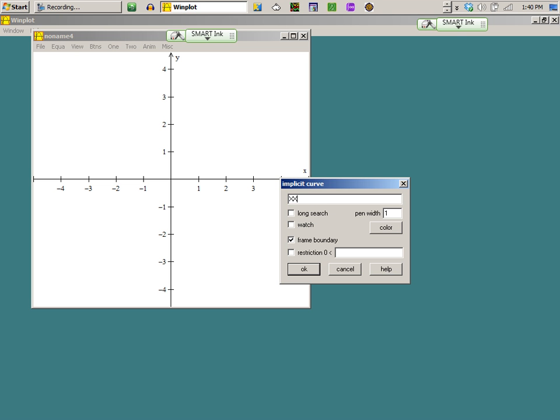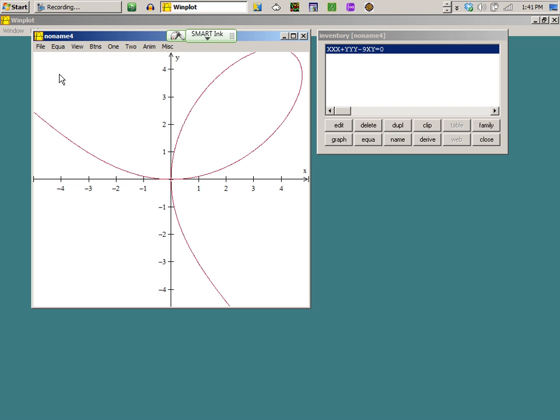Watch this. You can do x cubed plus y cubed minus 9xy equals 0. I typed 4 y's by accident. There is your graph. See? Your calculator can't do that. You have to isolate y to type anything into that calculator. And that just isn't feasible sometimes. So it is nice to have a software to do this.